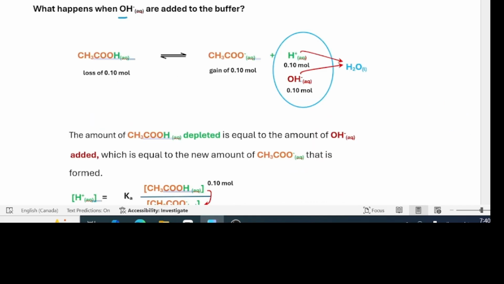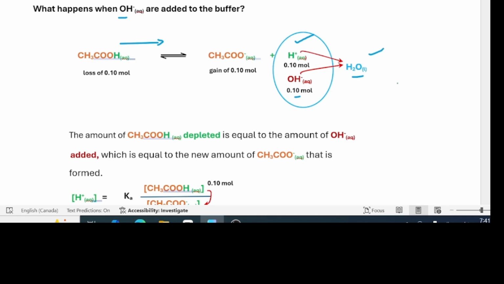When we add OH to the buffer solution, OH ions combine quickly with any hydrogen ions that are there to form molecules of water. So by doing that, the concentration of the hydrogen ions gets less, and according to Le Chatelier's principle, to replace that, the equilibrium keeps shifting in that direction there until we have enough hydrogen ions to neutralize all these OH ions to form water.